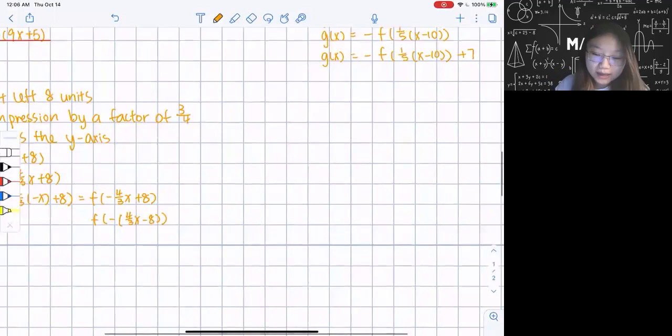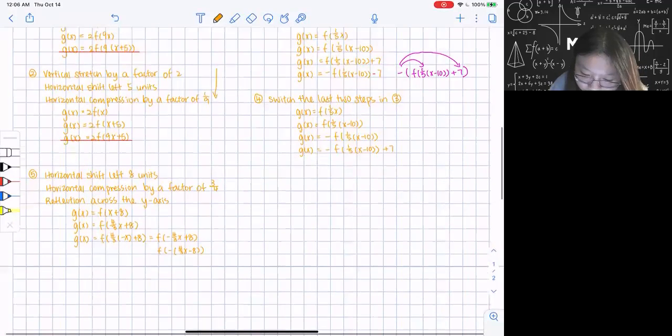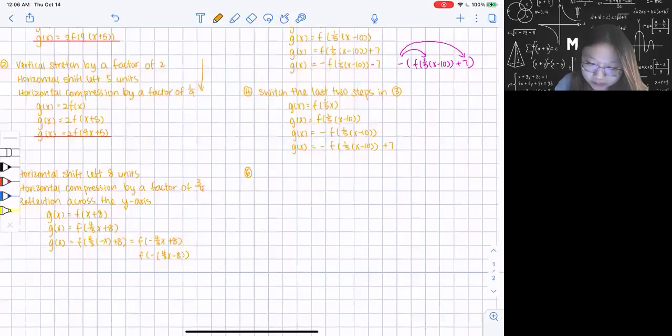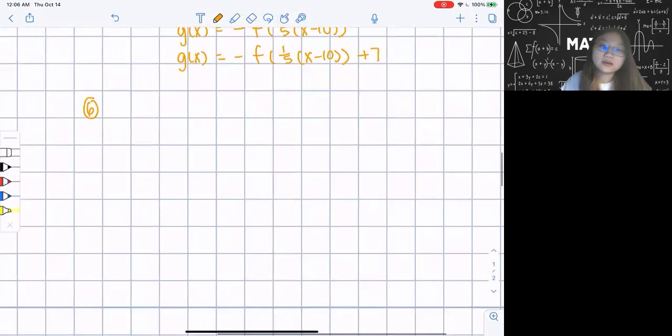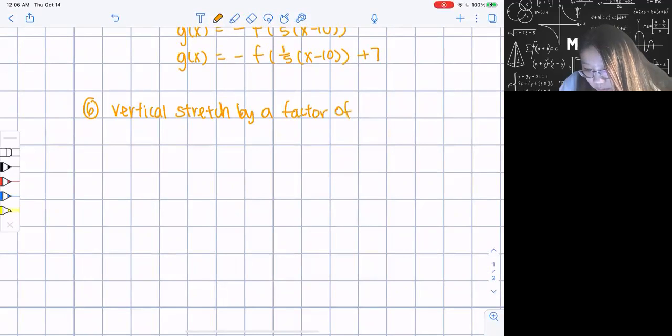And lastly, I'm going to do a last example, number 6 over here, using all the transformations. I'm going to say vertical stretch by a factor of 7/5.